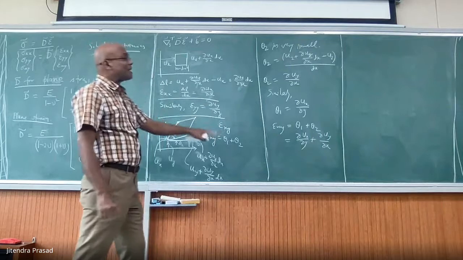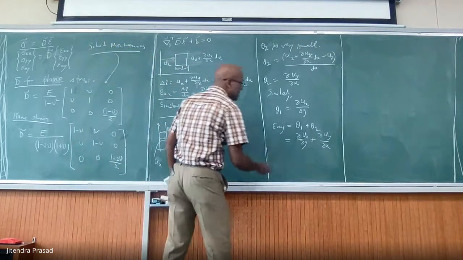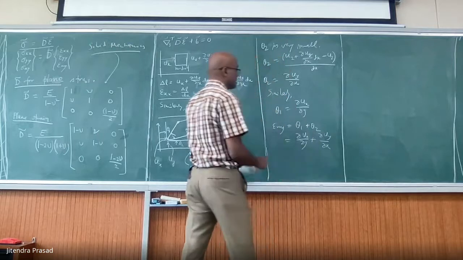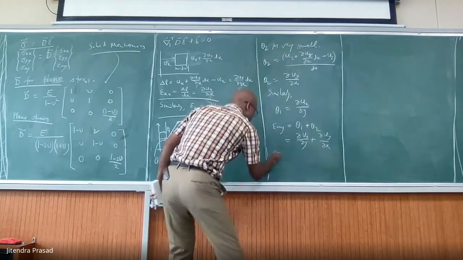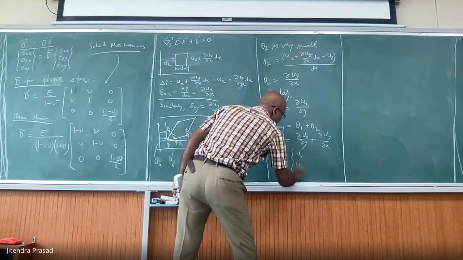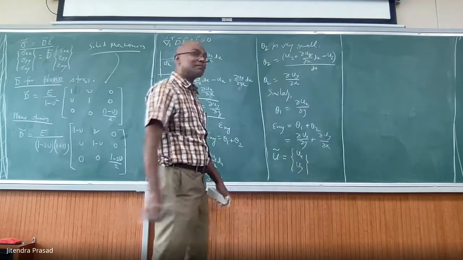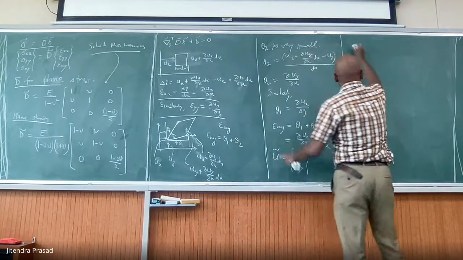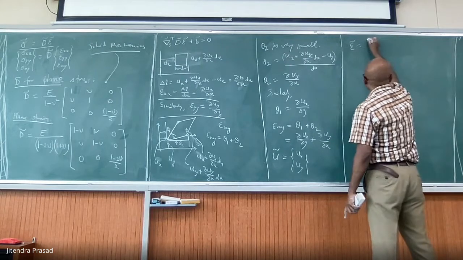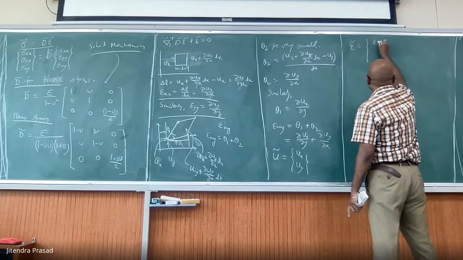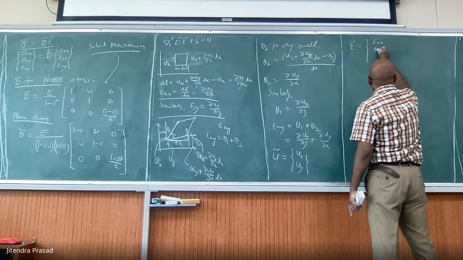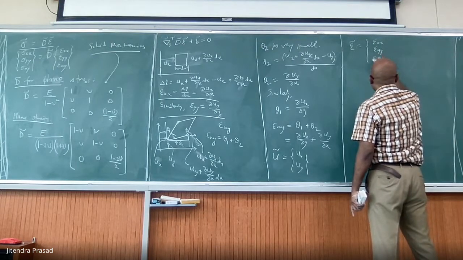Now can we write epsilon xy in terms of ux and uy? So you can write u as ux uy like this, and then epsilon tilde, which is equal to epsilon xx, epsilon yy, epsilon xy.